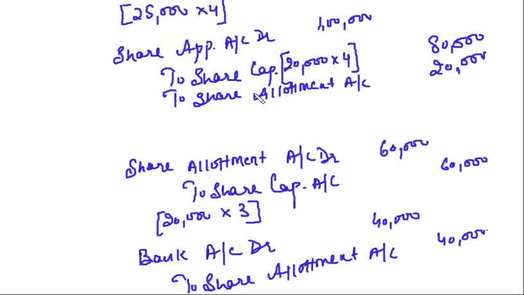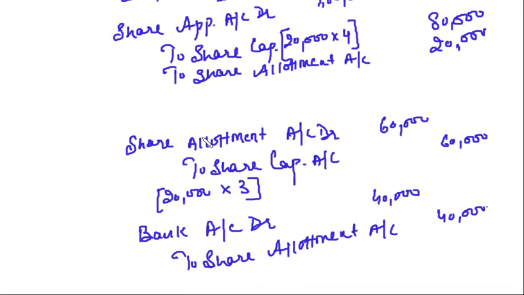You credited share allotment account with 20,000 here and 40,000 here, and you debited 60,000 here. The net effect is absolutely fine. You debited an account with 60,000 and you credited the account with 20,000 here and 40,000 here. That means your journal entry is correct.